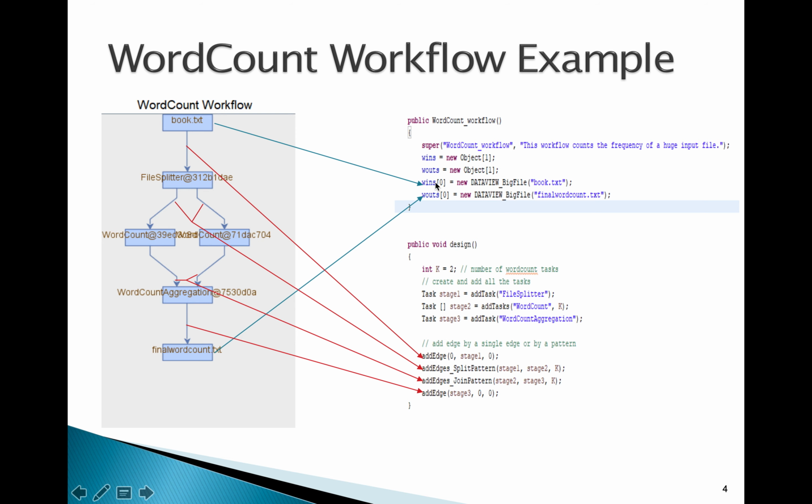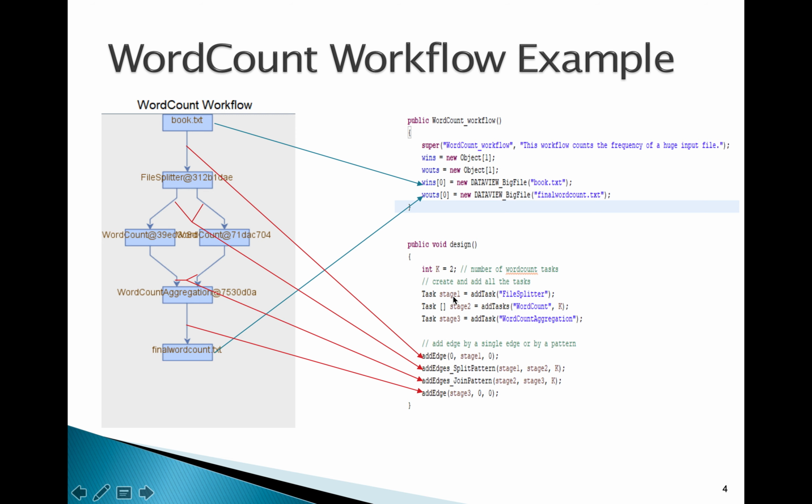Then we just assign the value of this workflow input and workflow output, which are the DataView big file. This is the workflow object. So far, we finished the constructor part, and we can see the design method. In the design method, we will create all the tasks.